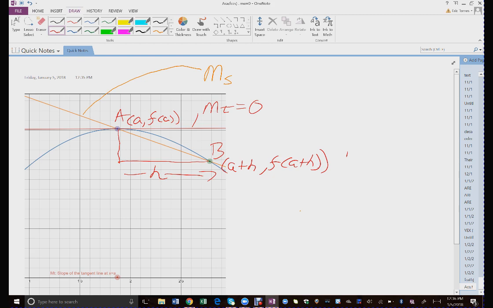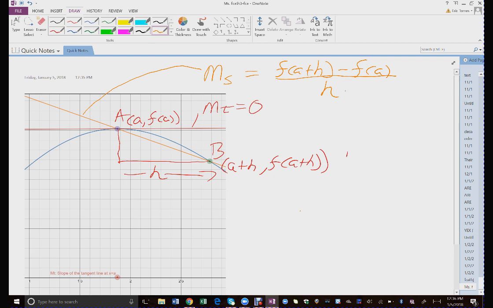So the slope of my secant line is going to be represented by this formula. The output at the second point minus the output at the first point over the distance we've traveled in the x direction, which we call h.